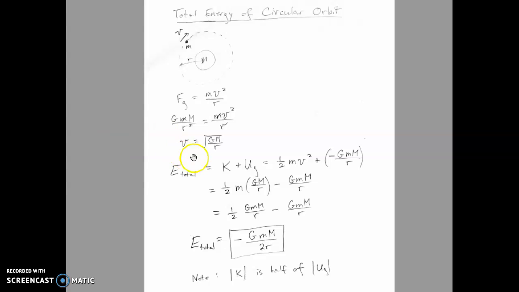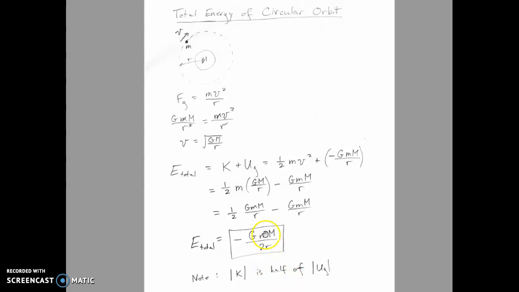First of all, this is a little bit of review, equating circular motion with the net force: this is ma, and net force, and using circular motion, we solved for v. We've done this before. Plugging that into the equation for kinetic energy, and adding the new gravitational potential energy equation, you can see that we do in fact get this expression for the total energy.